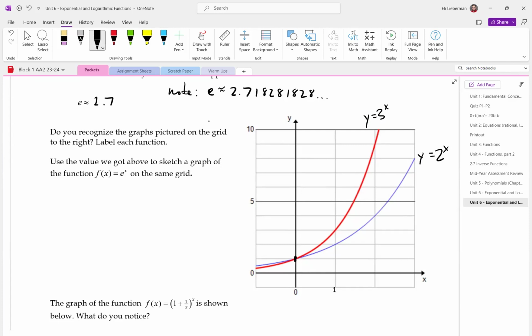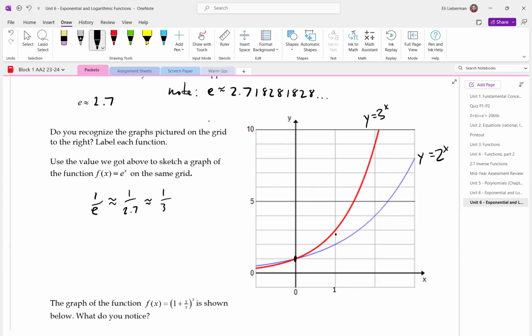So 1 comma like there-ish. And the other point, negative 1, 1 over e, which is approximately 1 over 2.7, which is approximately 1/3, isn't it?